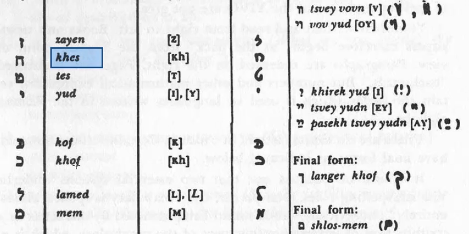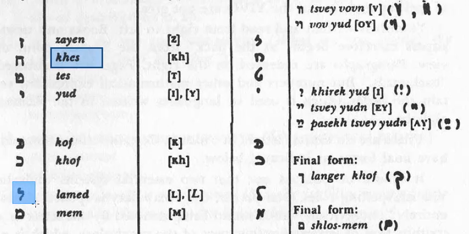And this one is more with your palate, Ch, Ch. But you'd struggle to hear any difference if you're not familiar with these sounds. So basically they make the same sound. You have two letters, Ches and Chof, and they both make the same sound, as you can see in the transliteration here. KH is Ch. So that's something to remember.